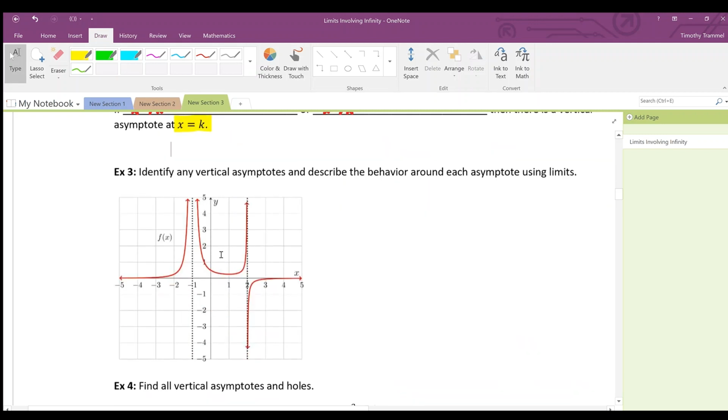So you can see that, say, at x equals -1, as we start approaching that from the left or from the right, this function is growing without bound. So what we can say is that there's an asymptote at x equals -1. Let's write that first.